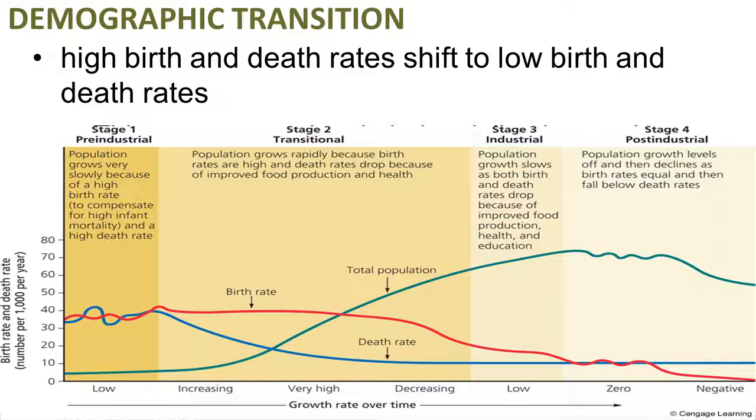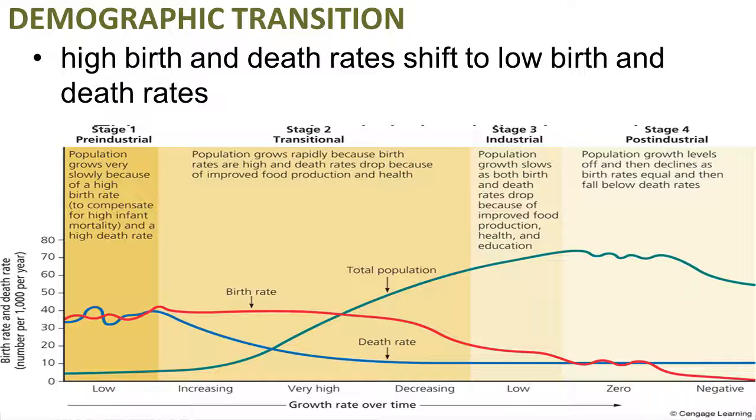This graphic depicts the demographic transition. To phrase it more simply, a demographic transition occurs when high birth and high death rates shift to low birth and low death rates. On the y-axis, we have birth rate and death rate, number per 1,000 per year.